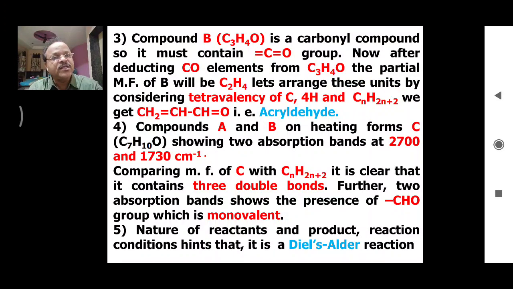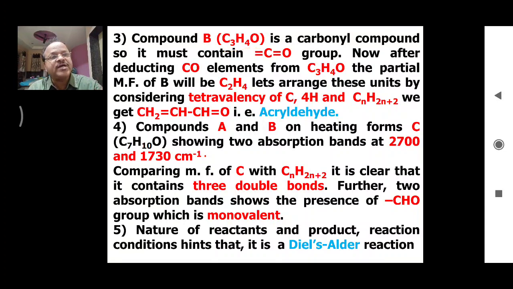Now in this compound B, 3 carbon atoms are there, therefore value of n will be 3. C3H2 into 3 plus 2. 2 into 3, 6 plus 2, 8. That means the molecular formula will be C3H8. And this molecular formula is C3H4.